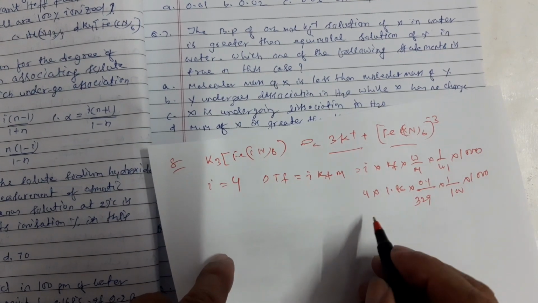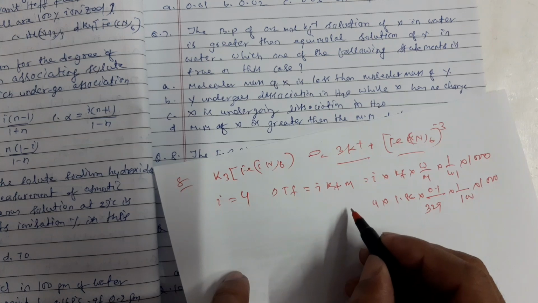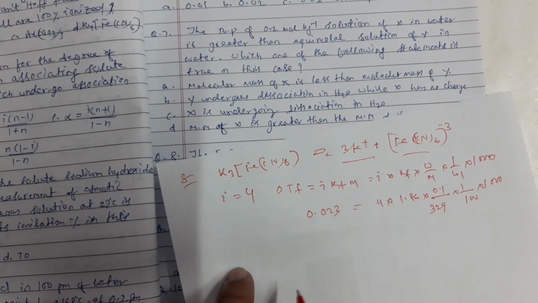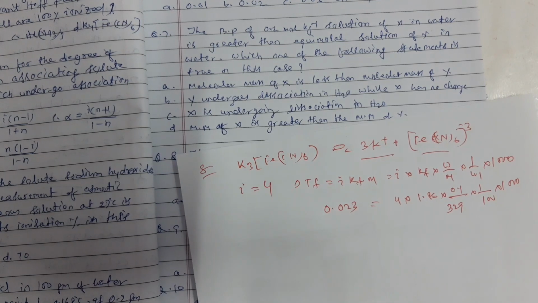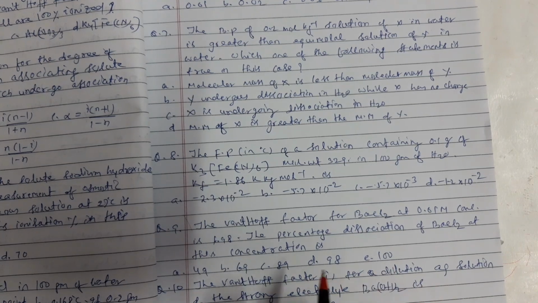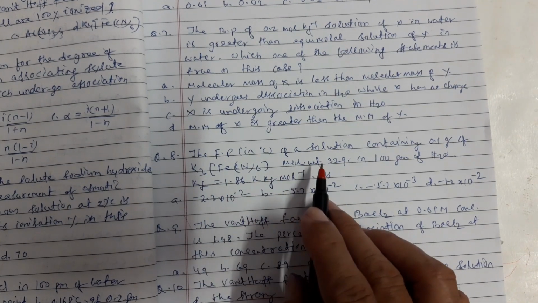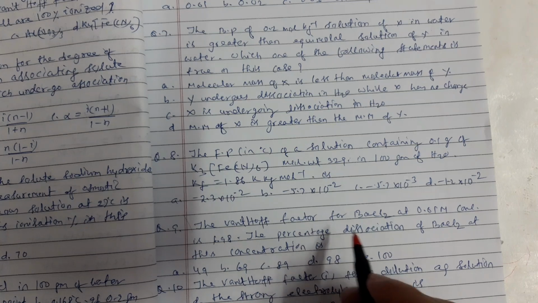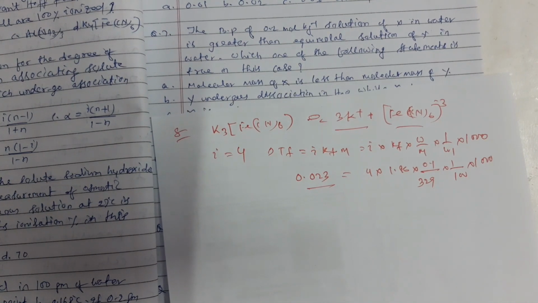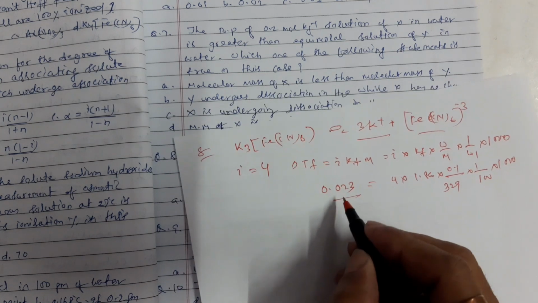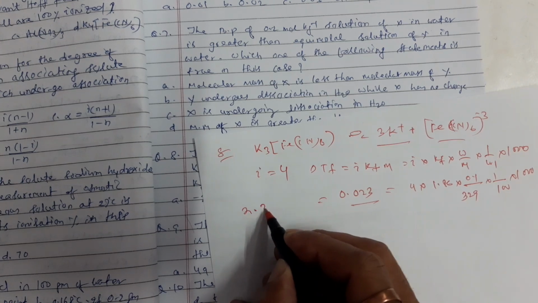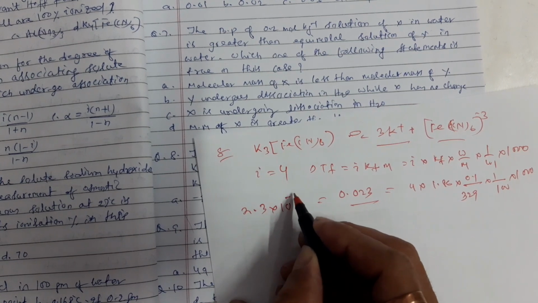So by solving, you will get the answer, that is 0.023. You can take this 0.023 as 2.3 multiplied by 10 to the power minus 2.